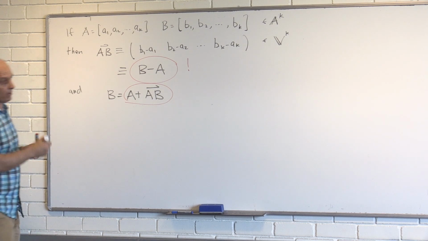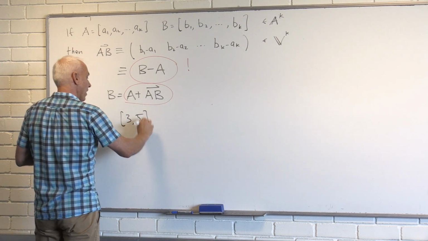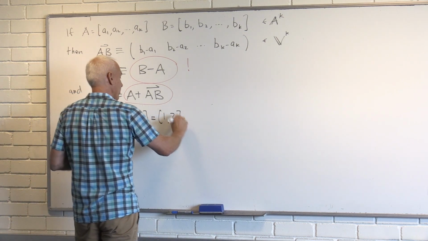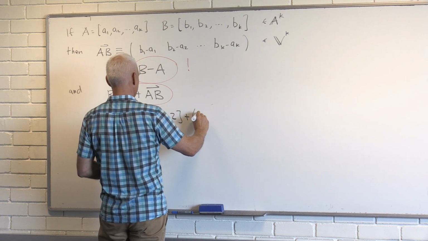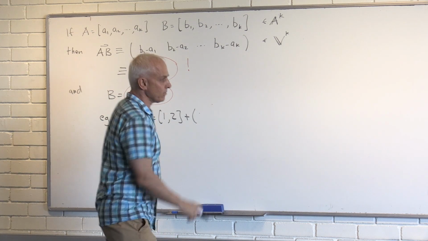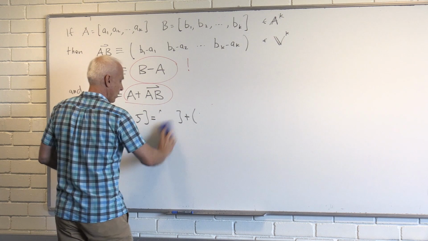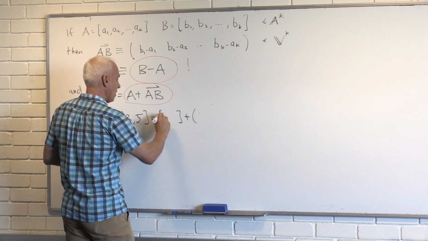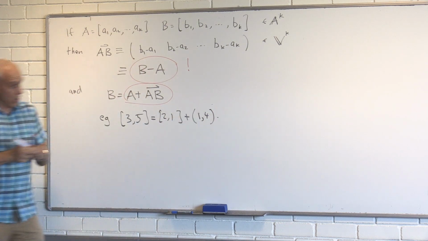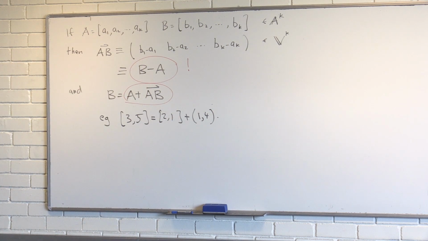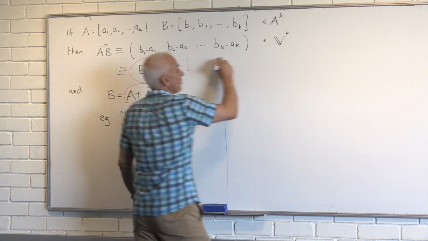So, for example, in the example over there, B was (3, 5), A was (1, 2), and then we have the vector (1, 4).